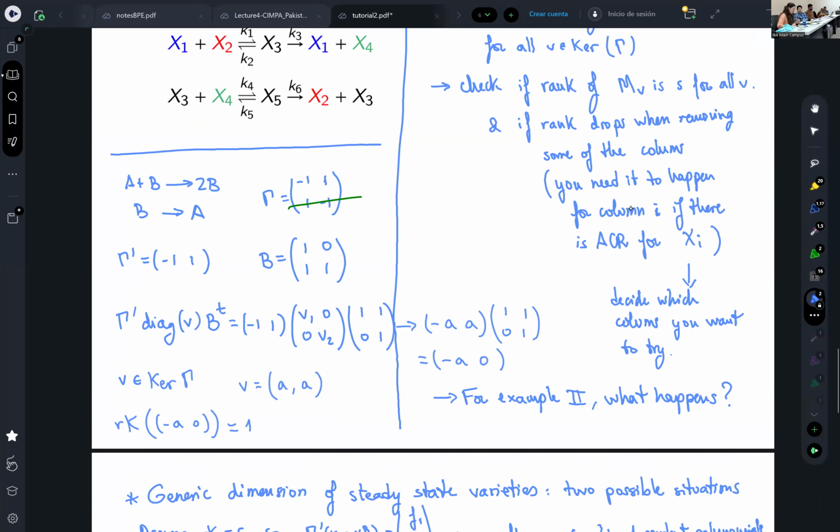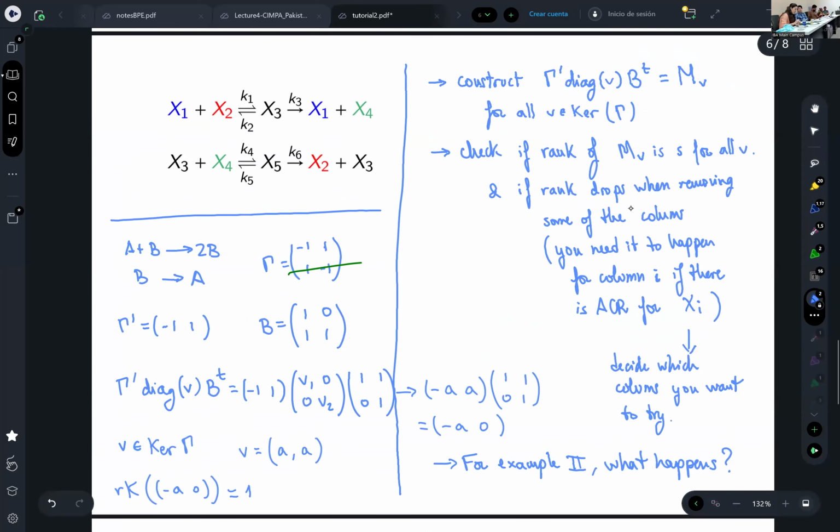And then under this condition, the theorem I showed you yesterday told me that when I remove column I, in order to have ACR for variable I need the rank to drop. So which species is the candidate here for having ACR?